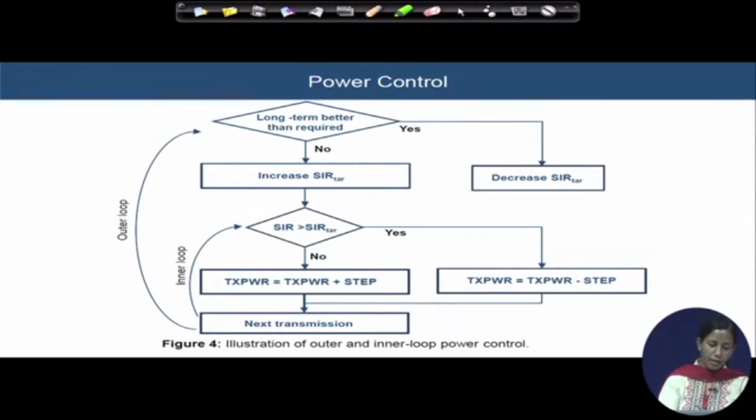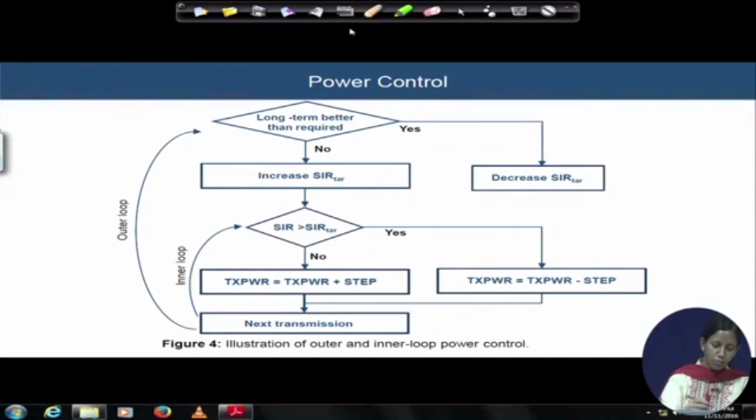As discussed earlier, it has 2 loops, one is the inner loop and one is the outer loop. I can say that the inner loop is observing over the short duration, and the outer loop is showing it over the long duration. Within the short duration, as I told, you check whether the measured SIR is crossing the target SIR.